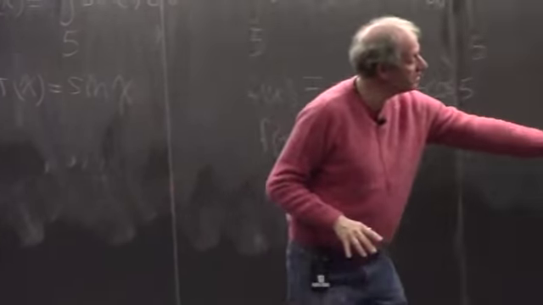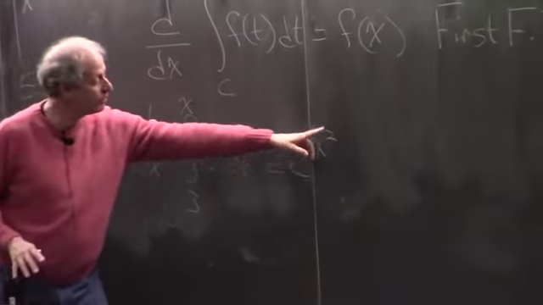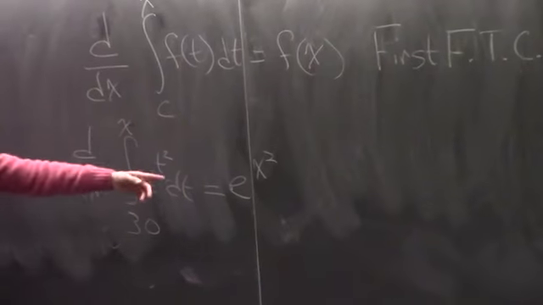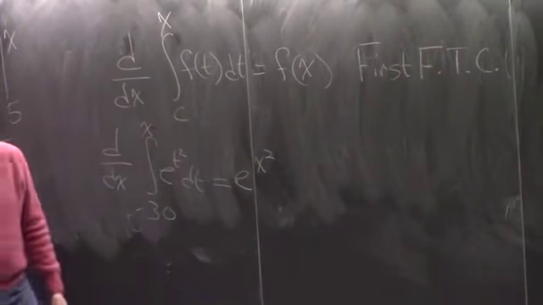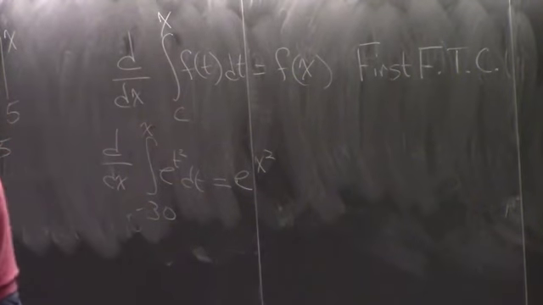So if you want to find the derivative of the integral from 3 to x of e to the t squared, it would be that. If this was 30 to x, it's the same answer. Okay? If this was negative 30, it's still the same answer. It doesn't matter. Now, of course, I have to make this harder. I couldn't just stop here, God forbid.